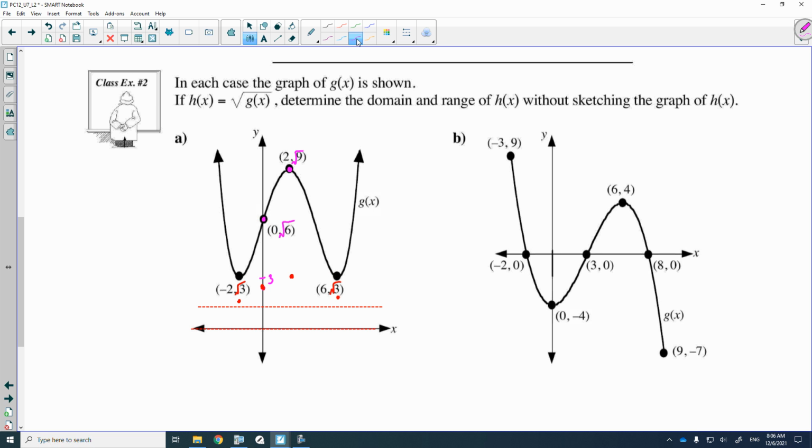If this is 9, then I'm going to take this point, because the square root of 9 would be 3. So that point would be the same x value and 3. So I'm just bringing that point down, and I'm having the y value be at 3. And that's going to be the same for this point over here. It's going to be the same x value, and the y value is going to be at the square root of 9, which is 3.